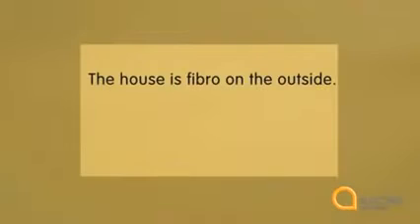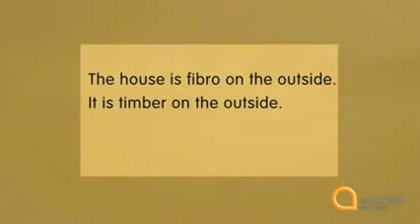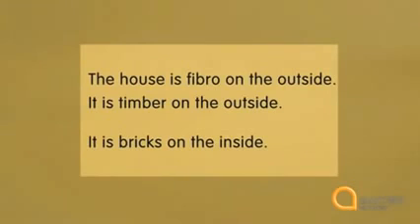He forms one compound sentence from simple sentences. The house is fibro on the outside. It is timber on the outside. It is bricks on the inside. Notice that and is used to list similar things, but is used to contrast different items in a list.